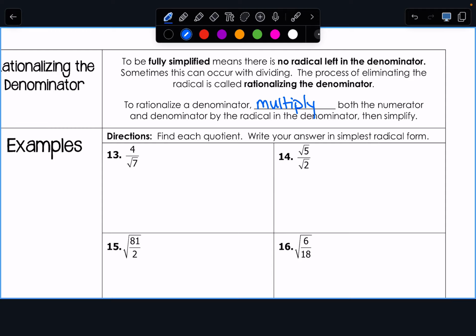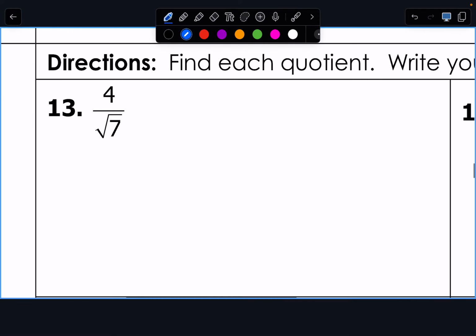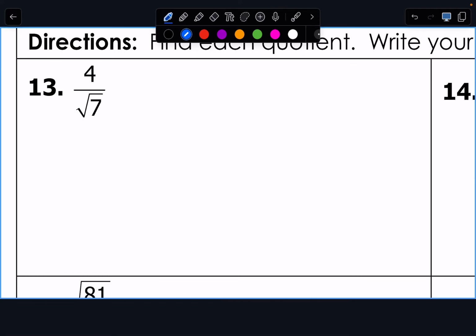Okay, so do you see how in number 13 we have the square root of 7 in the denominator? That is no bueno. So we are going to multiply numerator and denominator by that radical that is in our denominator. Why do we do that? Let me show you. In my numerator, I have 4 square root 7.